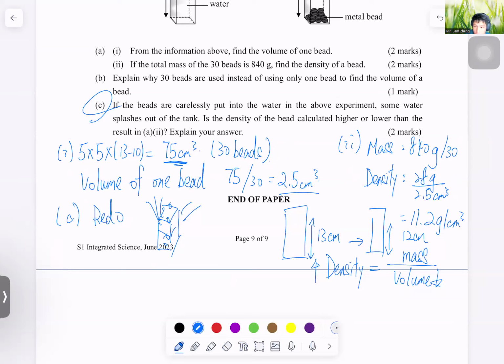So therefore, if you see from the answer, it tells you it's smaller than 75 cm cube. Then in this case, the density of the bead would be higher than the result. And please help me to delete the true and also the actual. The actual density should be just the density from the answer.